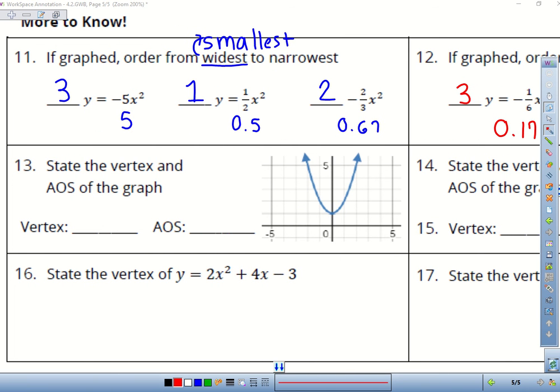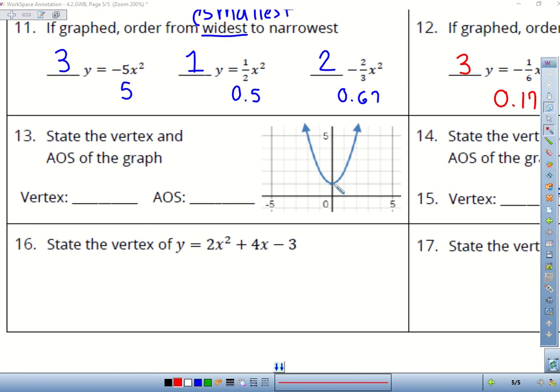All right, so number 13, what is the vertex of this graph? 0, 1. And the axis of symmetry is always the x-coordinate of your vertex, which is 0. Very good.